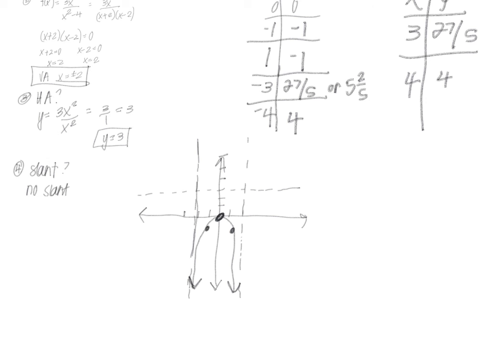Okay, so this is -3, and we get 5 2/5 for the y value. And then when I had -4, I had a y value of 4. So that would be about like that. And then the same thing happens on this side. When I had +3, I got 5 2/5. And when I had 4, I got 4.